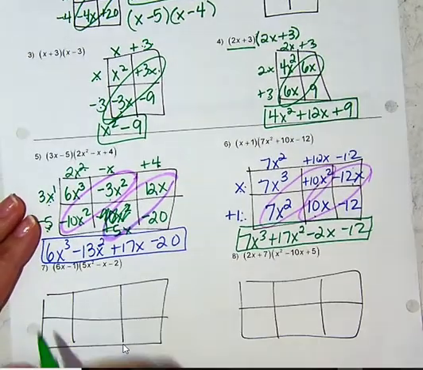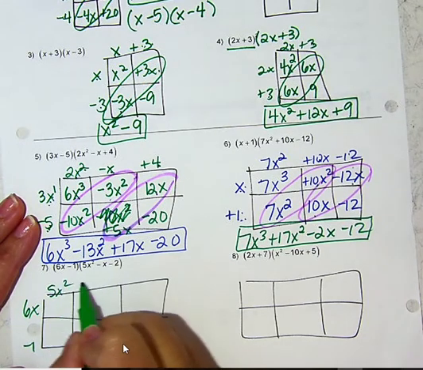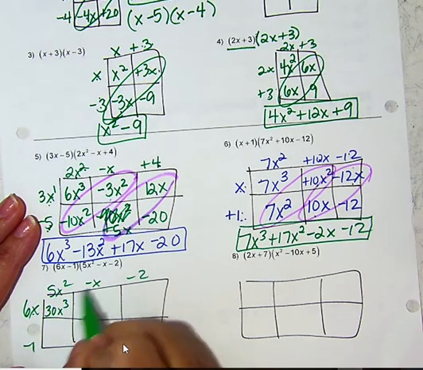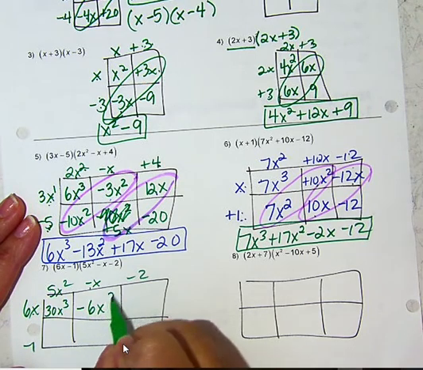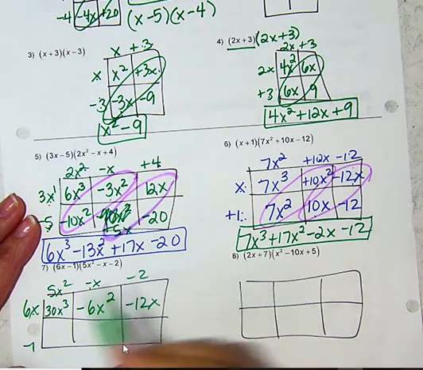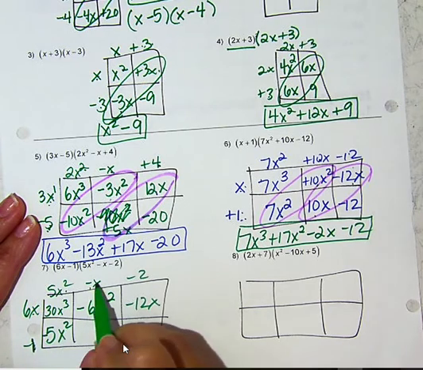Don't freak out. 6x minus 1, 5x squared minus x minus 2, 30x cubed, negative 6x squared, negative 12x. This is a negative 1 times 5x squared is negative 5x squared. Negative times a negative is a positive x.